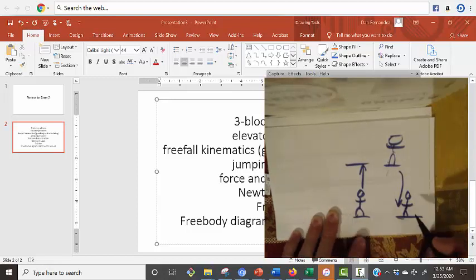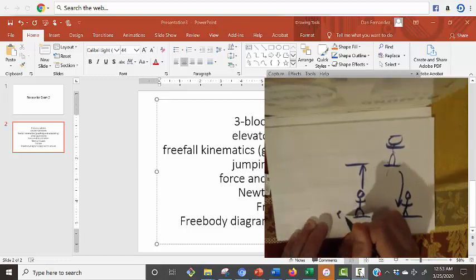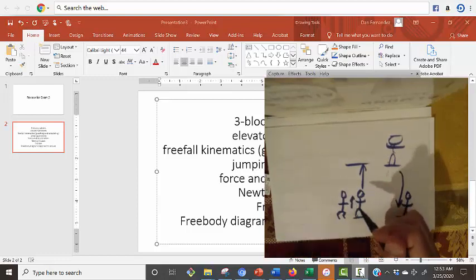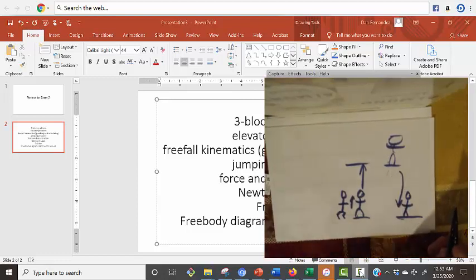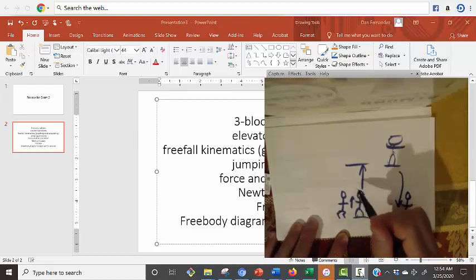And then the question, of course, is how do they get from the crouched position to the initial velocity of the jump.